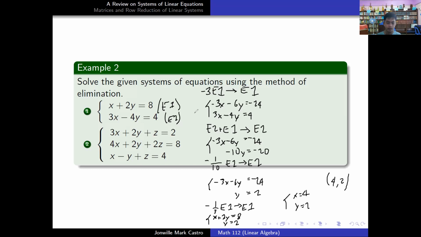Okay. So number 2, system of equation in 3 variables. Same din yung process, mas mahaba lang siya dahil 3 variables siya. Then instead ng ordered pair, may mahanap kayong ordered triple kung nag-exist yung solution niyo. Okay?